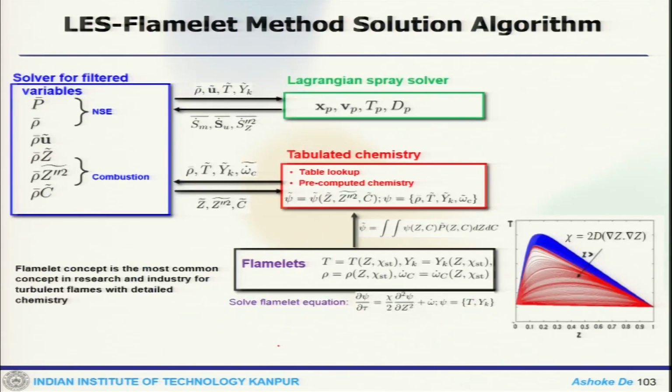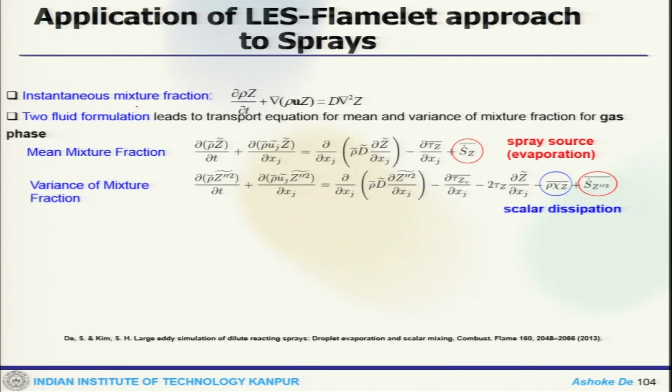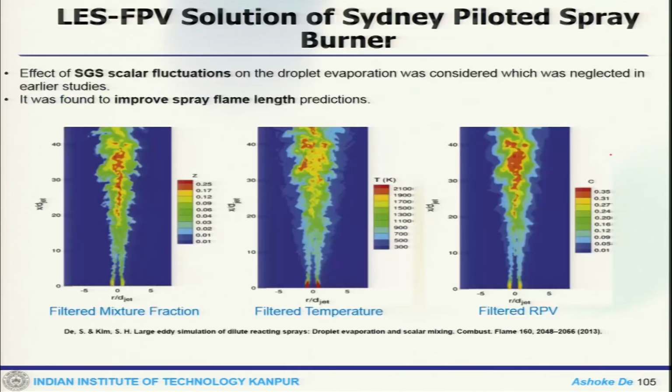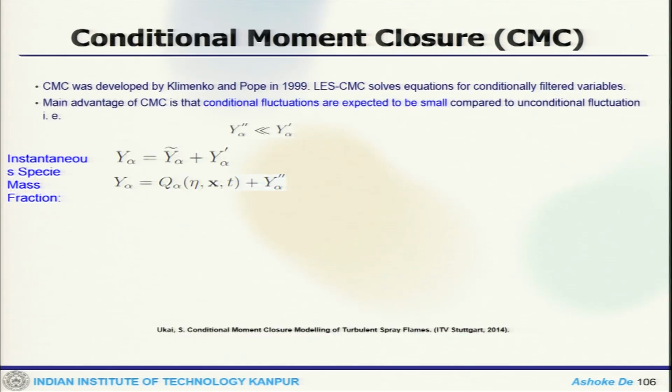You have the filtered equation, you pass that equation in the Lagrangian flow field, you solve it, you have a local flame structure which is tabulated and sent back, and they are coupled. This is how you couple that in the continuity, mixture fraction, momentum, and the second phase or spray source term. And these are some of the results from this literature, where you can see the LES progress variable kind of approach being used to compute the flame.